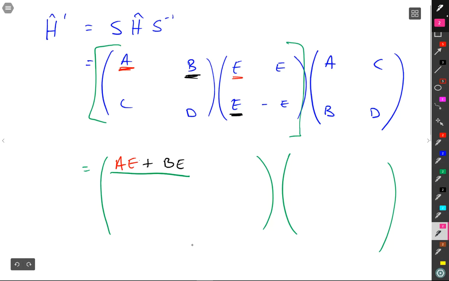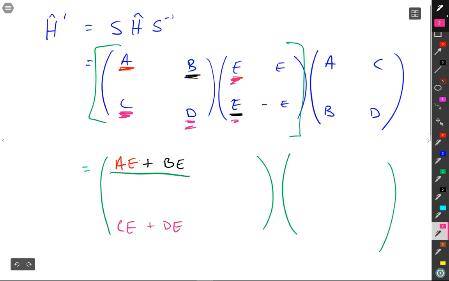The one below it is going to be using the lower row with the first column. So you're doing one row with one column. The upper row with the first column is first row, first column. Upper row with the second column is first row, second column. Lower row is second row, first column, or second row, second column. So here is going to be CE plus DE. That's this with this, and then this with this.